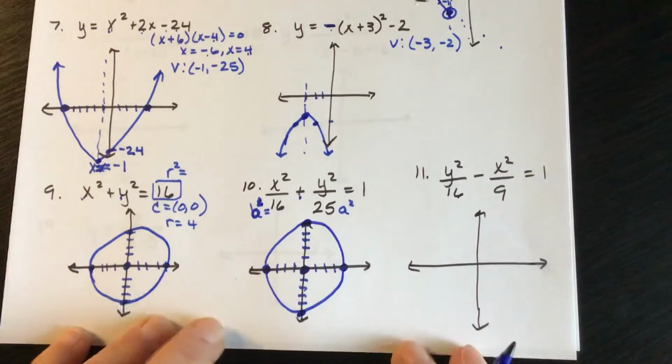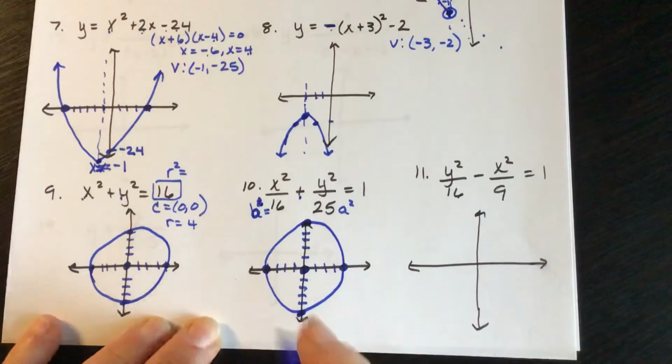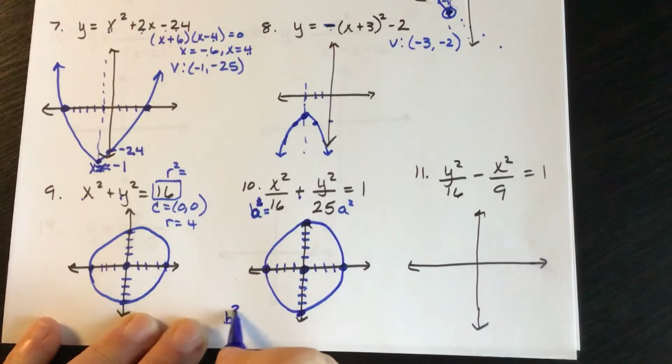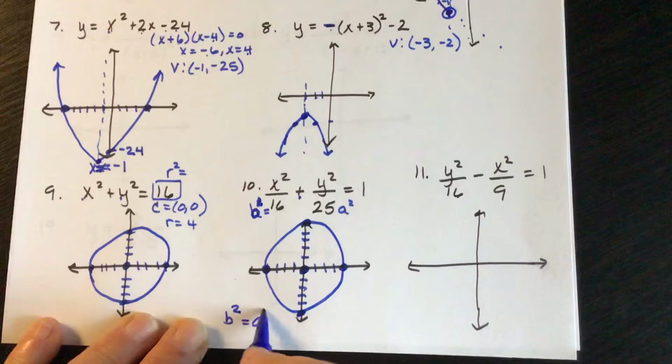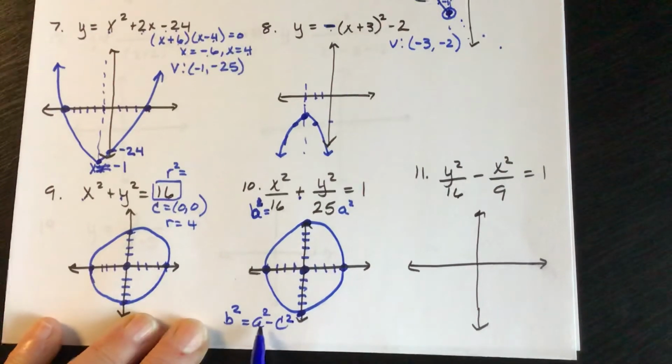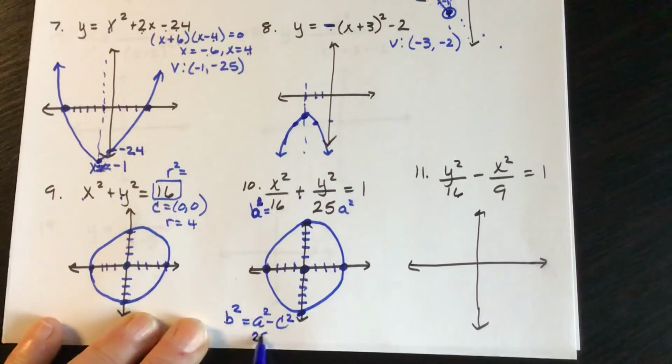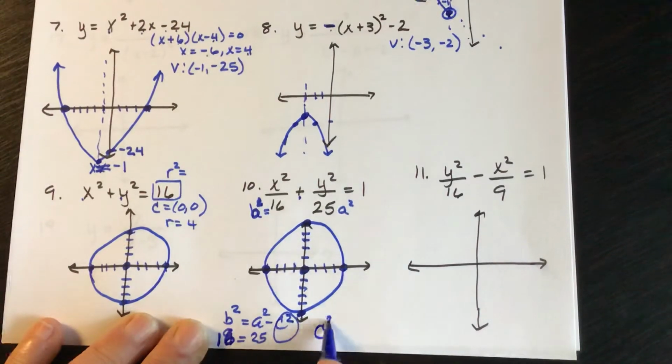And I also need to find my foci, which come from the equation b squared equals a squared minus c squared. And if a squared is 25 and b squared is 16, 25 minus 16 is 9, so c squared is 9.